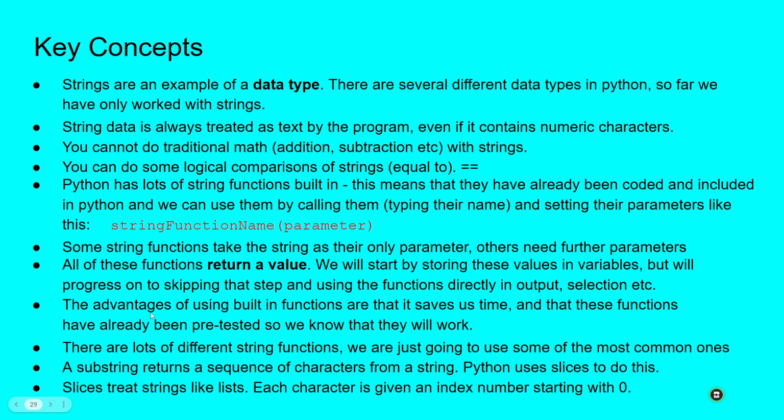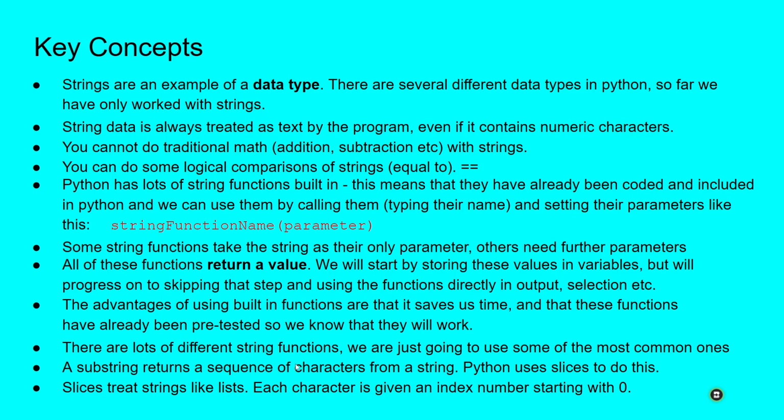Now, we won't be using print within our actual functions because we're using return to deliver the information that we need. We will be testing whether or not the function works accordingly by using a print statement afterwards. Now, the advantage of using built-in functions is that it saves us time, and these functions have already been pre-tested so that we know that they work.